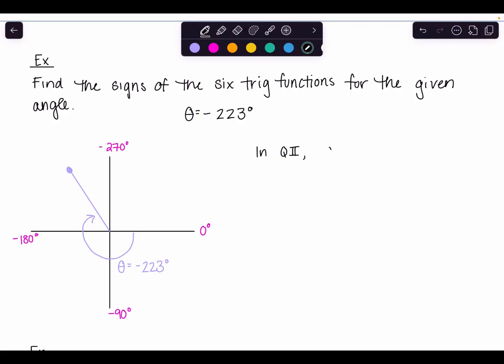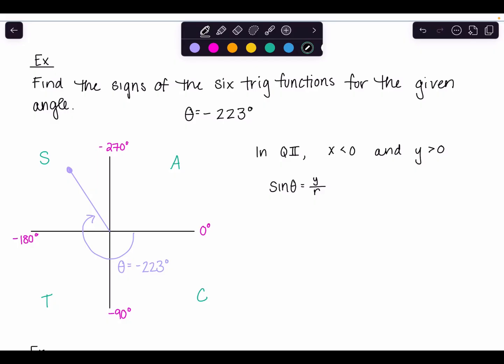So in this case, your x is negative and your y is positive. You can really just use your phrase, all students take calculus, to figure out which ones are positive. But if you think about sine of theta, that's going to be y over r.